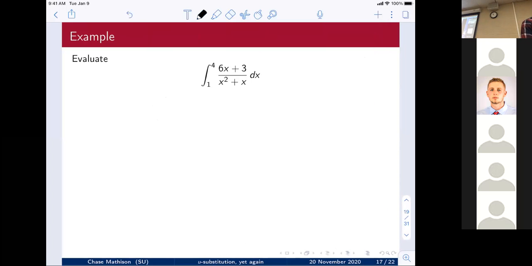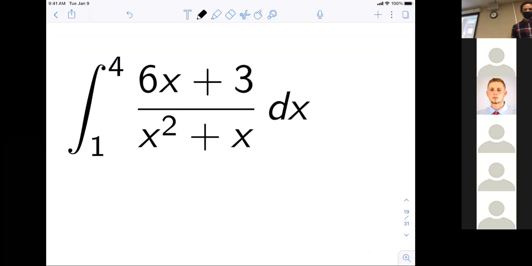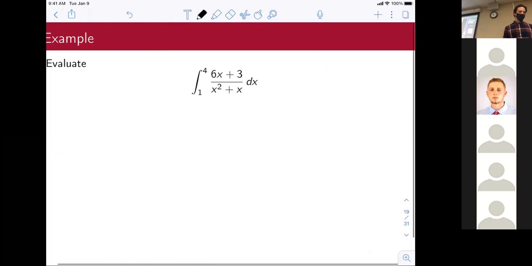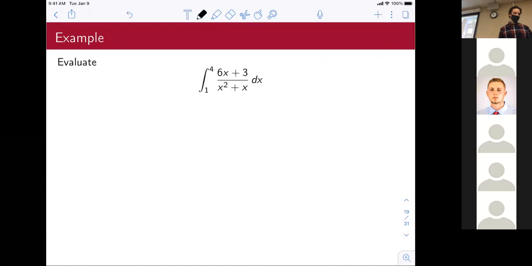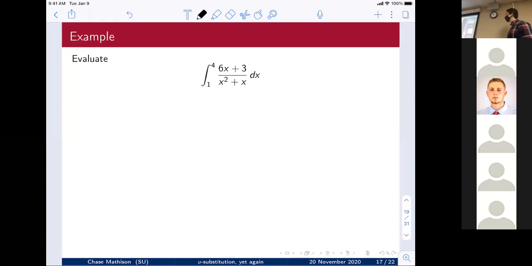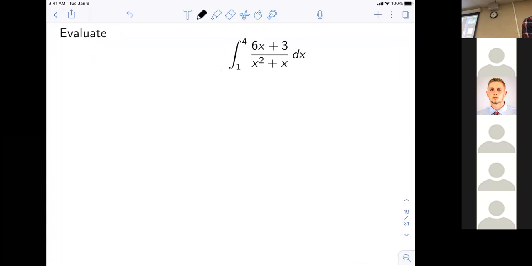First of all, is that just the derivative of some function we know already? I would say no. Maybe you guys know a lot more functions than me, but I would say no. So this is a u substitution problem. What would u be?